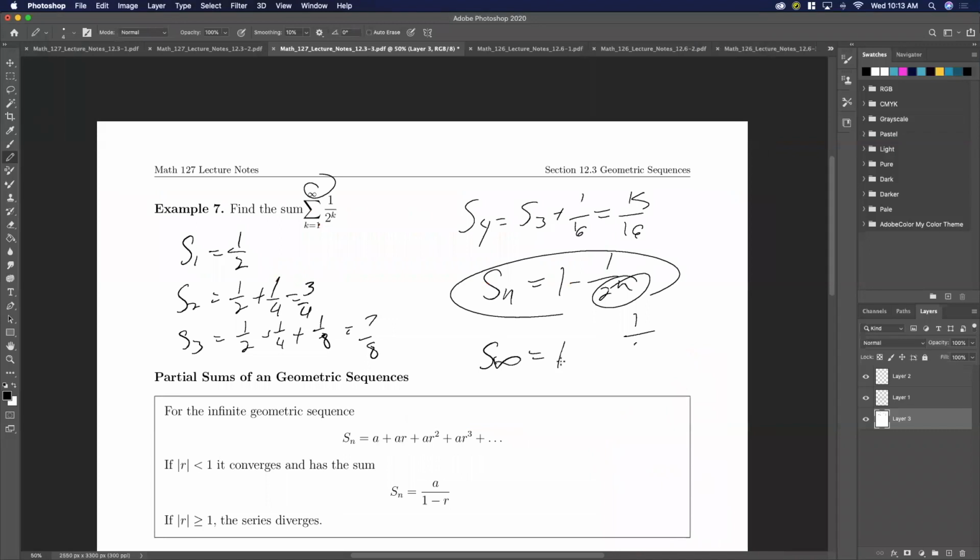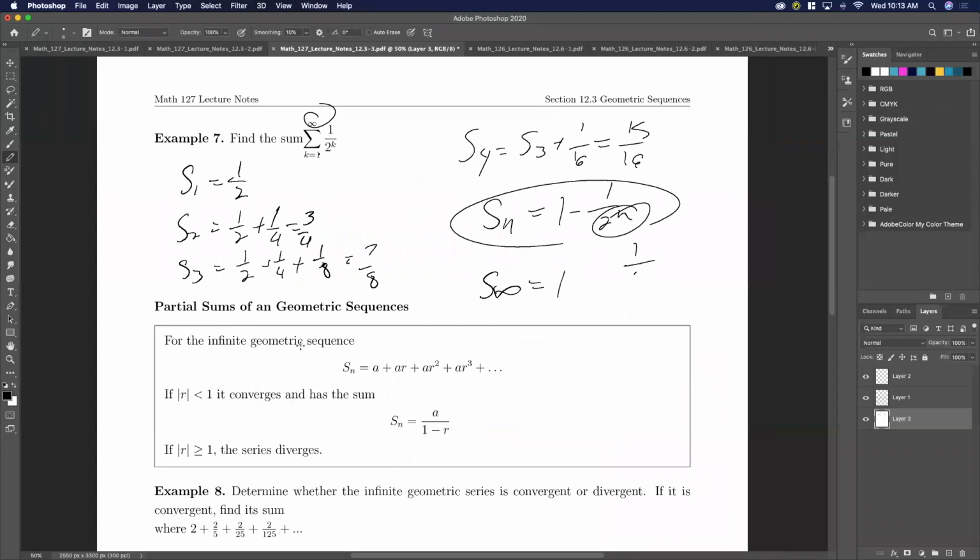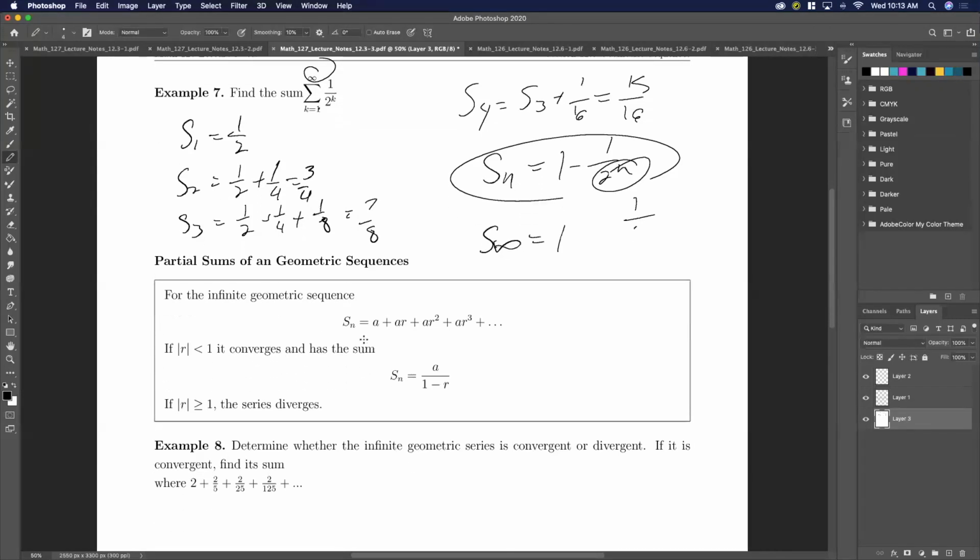And so we can just keep adding this up over and over again, and we're eventually going to get to 1. So for an infinite geometric sequence, we can now add up an infinite number of things. I'm skipping over exactly how this works out because it takes a very long time to build.